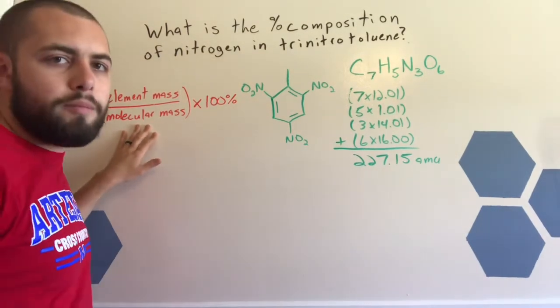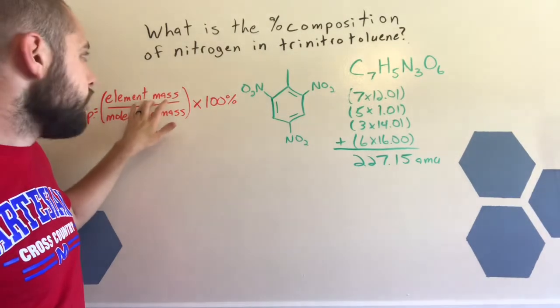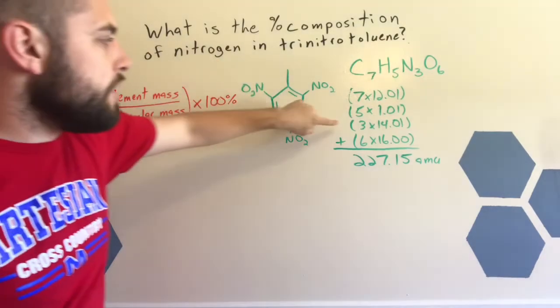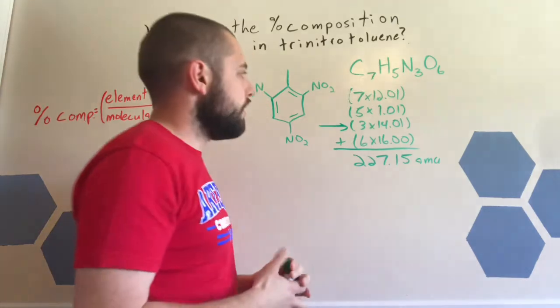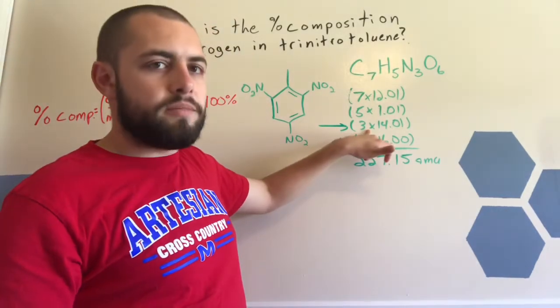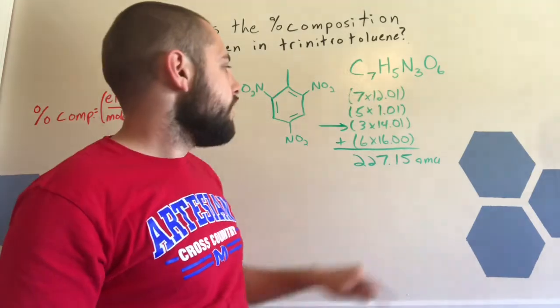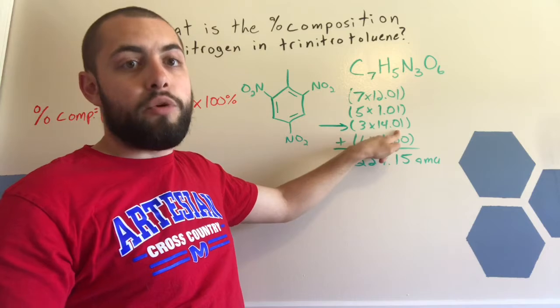But for the formula, I'm also going to need to know the mass of just the element that we're looking for. The element we're looking for is nitrogen. So I'm going to use this part right here. These are my nitrogen atoms here. I've got 3 of them. Subscript is 3. I know that the average atomic mass of nitrogen is about 14.01.